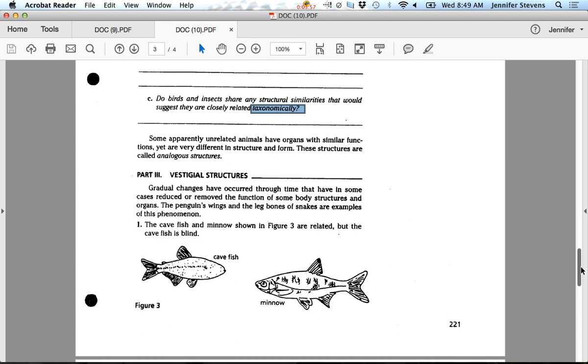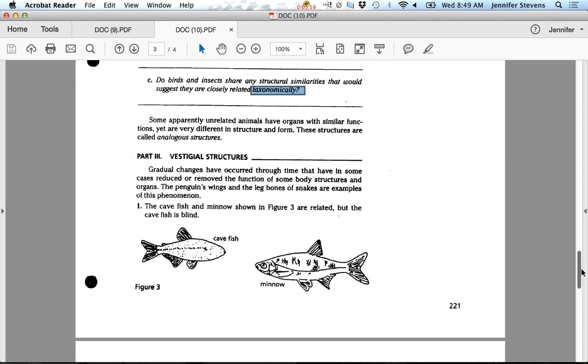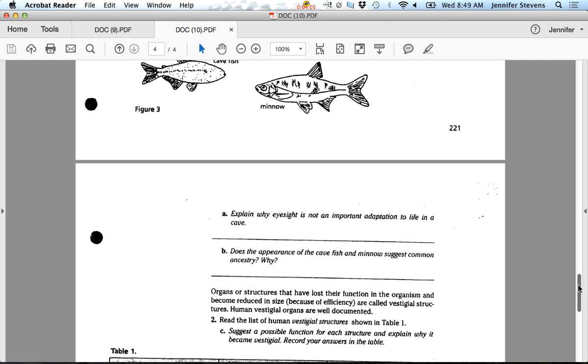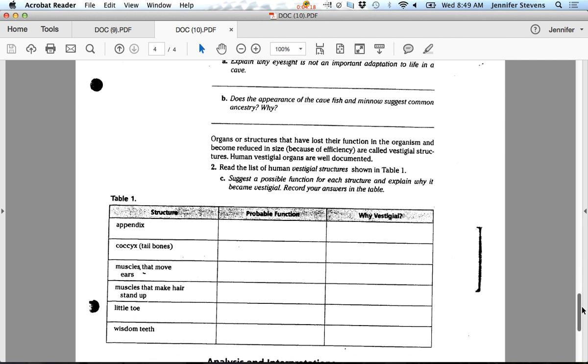The last part of this is about vestigial structures, and we're going to look at the cavefish and the minnow here and how they are related, but the cavefish is blind. So the questions are actually at the top of the next page. Organs or structures that have lost their function in the organism and have become reduced in size because of efficiency are called vestigial structures.